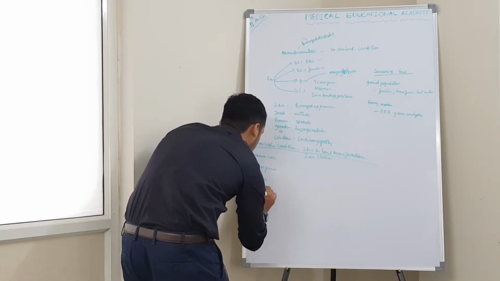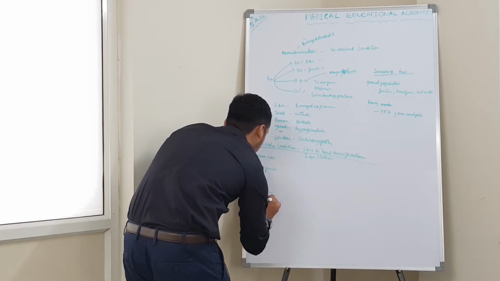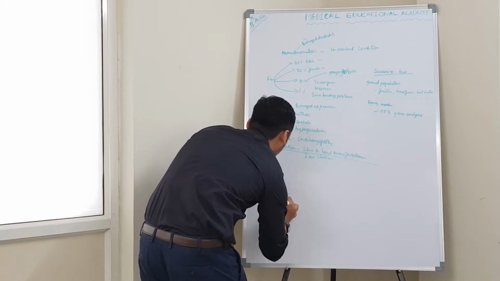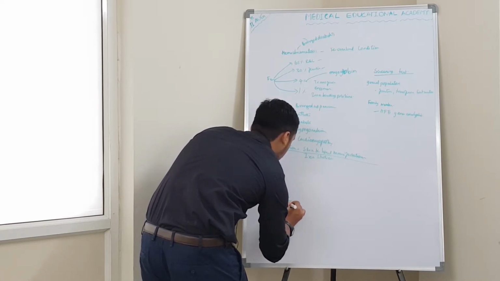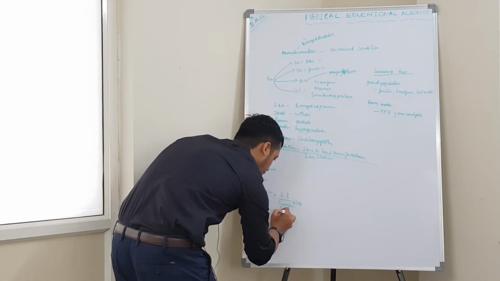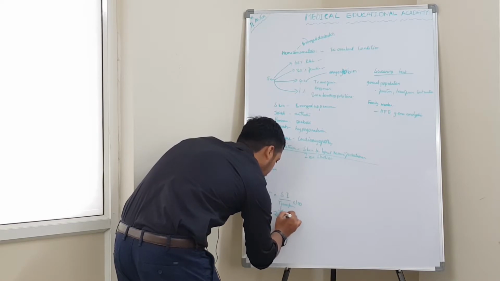So what is the formula for transferrin saturation? It stands for serum iron divided by transferrin, into 100, right? So normally this would be 20 to 50%.